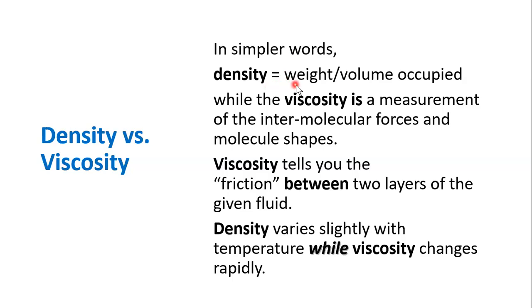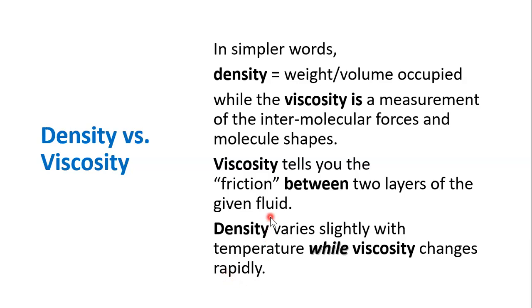So density, as I mentioned, is the weight over the volume occupied by those particles or fluid, while the viscosity is a measurement of intermolecular forces and molecular shapes. Viscosity tells you about the friction between two layers of the given fluid. Density varies slightly with the temperature, while viscosity changes rapidly.